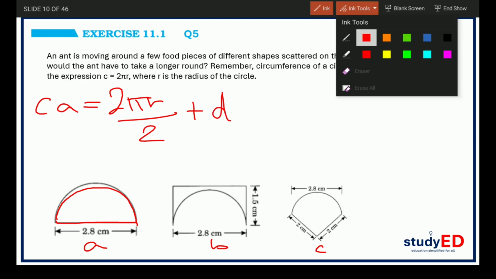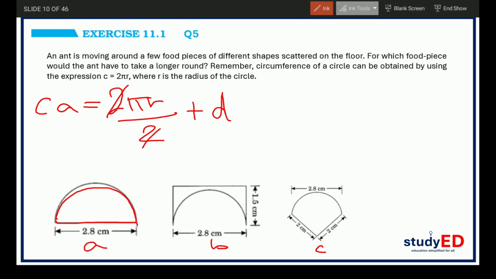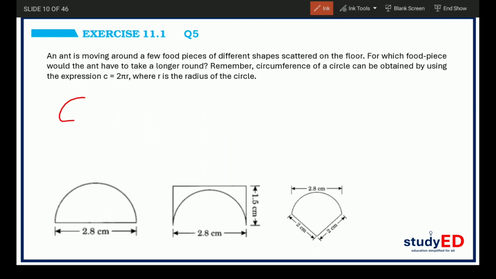Now, if we just simplify this and cut off the 2's, we just get the circumference of A is equal to pi r plus d, or 2r. So now let's simplify those first. We're going to calculate pi r now for A, okay? So 22 by 7 into the radius, which is 1.4. 1.4 is nothing but 14 by 10.